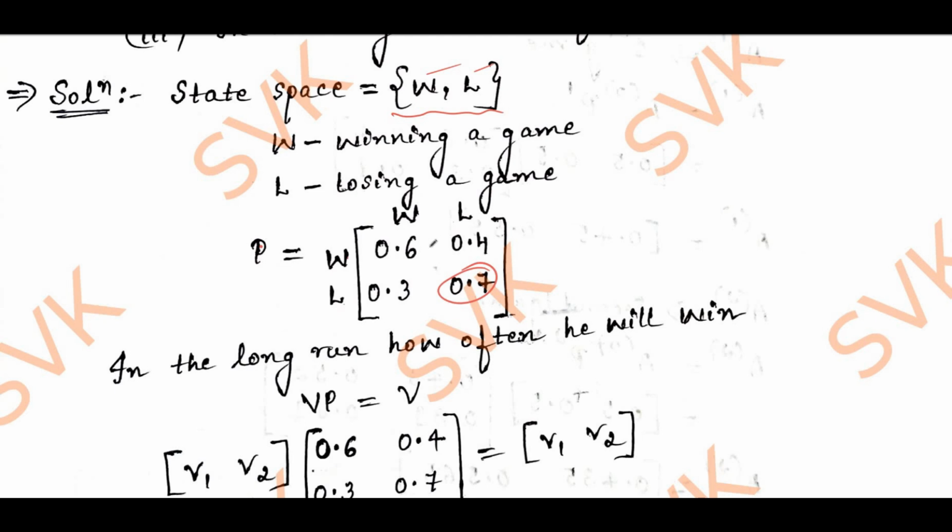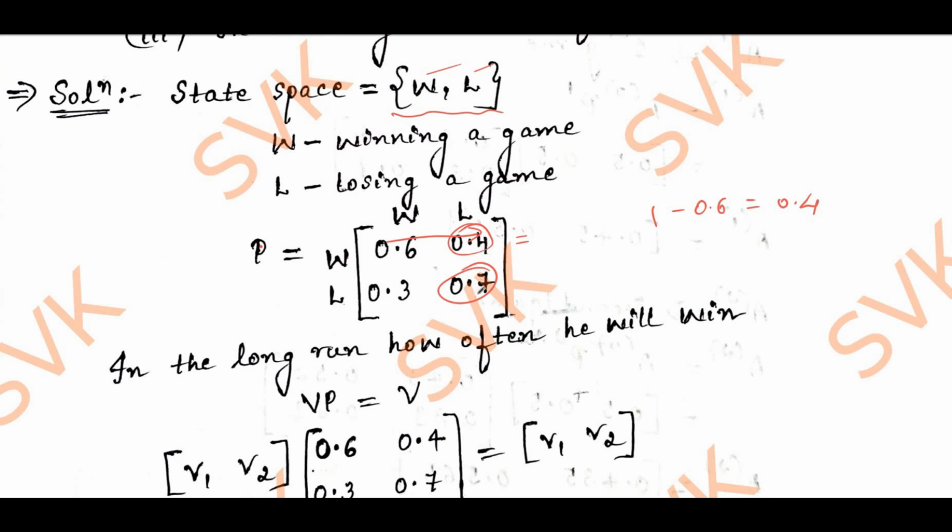As the probability vector says, along this row the values should sum to 1. The leftover 1 minus 0.6, that is 0.4, will be the remaining value placed here, for winning and then losing the next game.